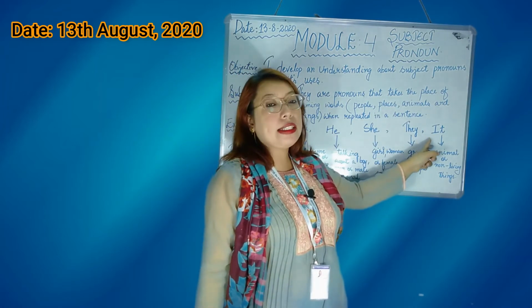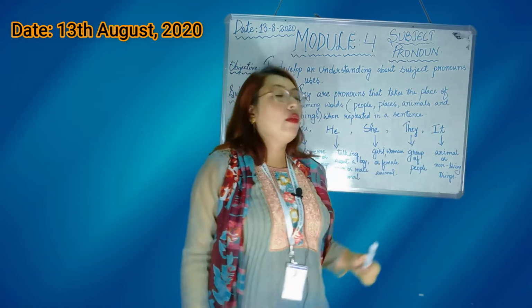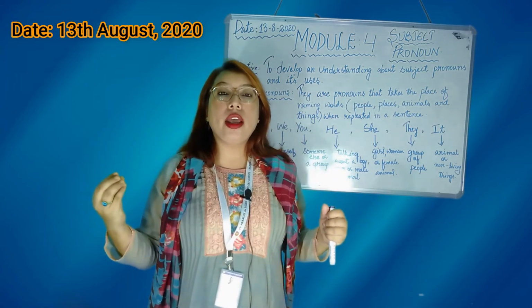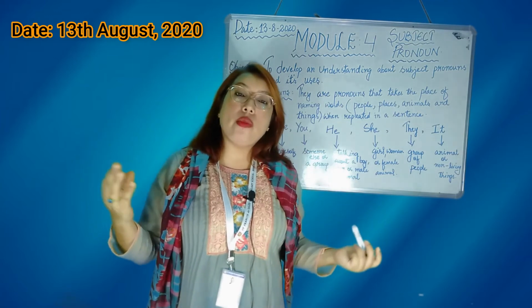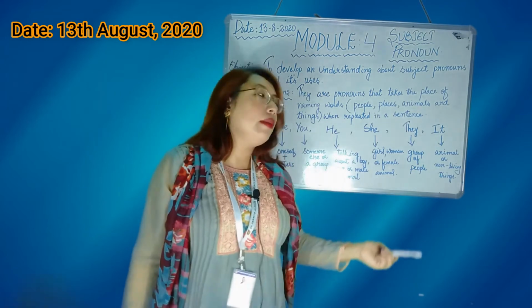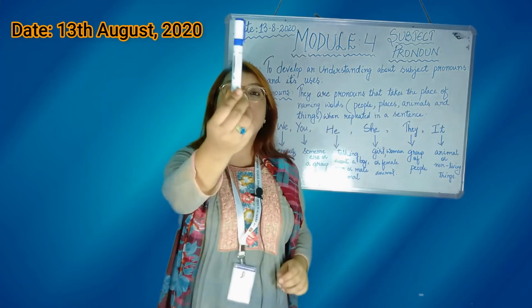And then the last subject pronoun is it. When do we use it? Sometimes for animals, where the gender has not been mentioned, whether it's a girl animal, female animal, or a male animal, we use it. And also for non-living things, like this pen.